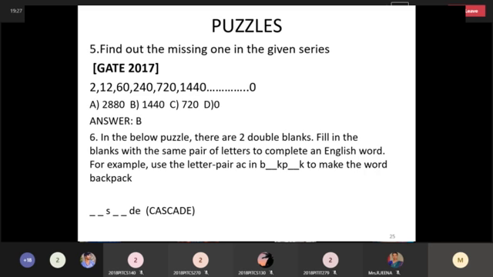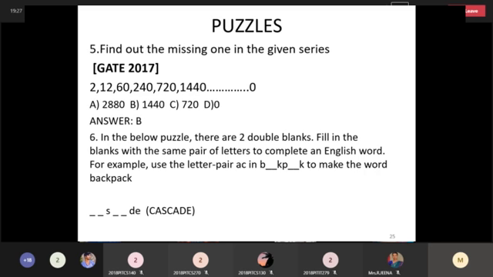So next question, in the following puzzle, there are two double blanks. Fill in the blanks with the same pair of letters to complete an English word.